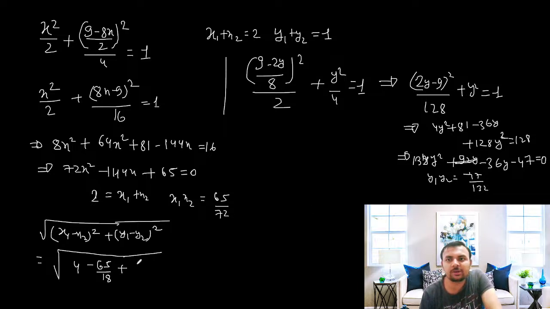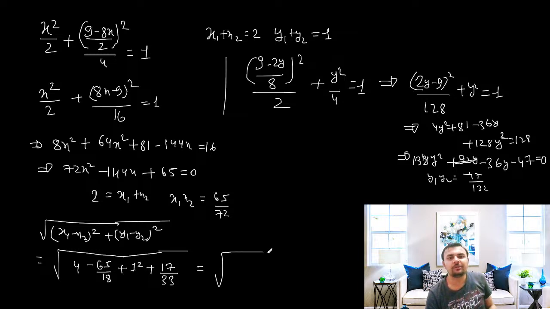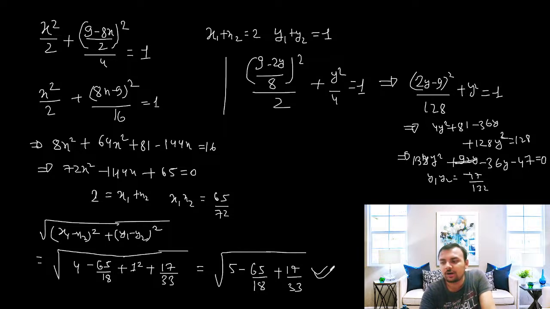So it is nothing but y1 plus y2 is 1 square plus 17 upon 33. So we have to solve it like 5 minus 65 by 18 plus 17 by 33. So this is the length of the chord. You can calculate it.